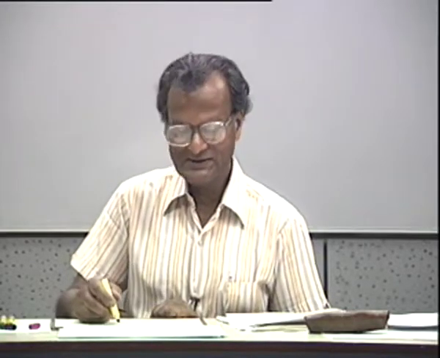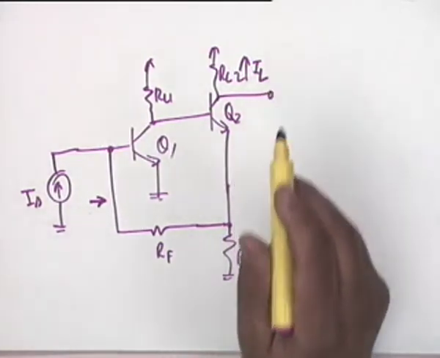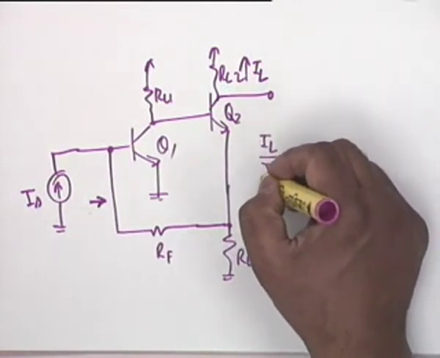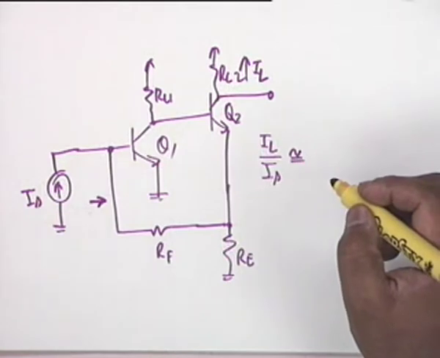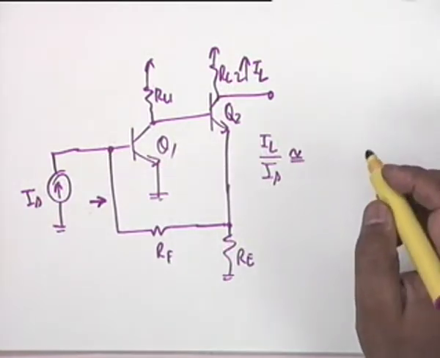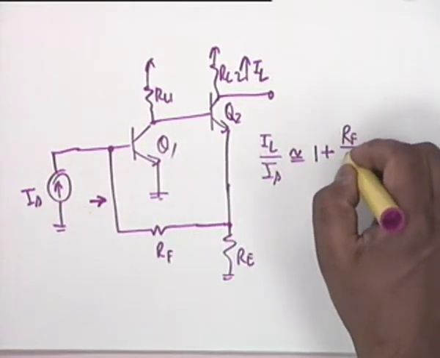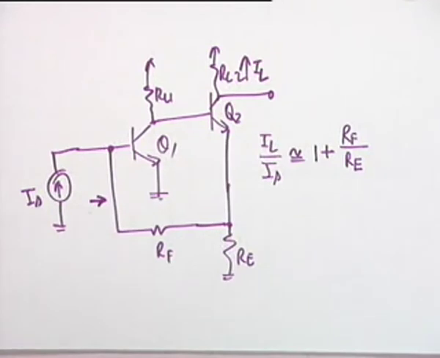The output impedance is now high, and therefore it behaves like a current source, and therefore it's a current to current transducer. And you can show, please do show, that this gain formula is the same, 1 plus RF by RE. This is of course the mid band gain.